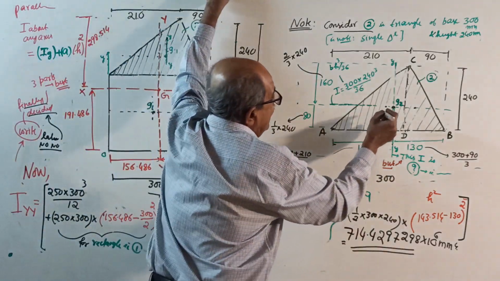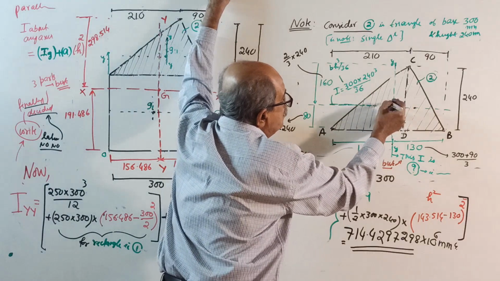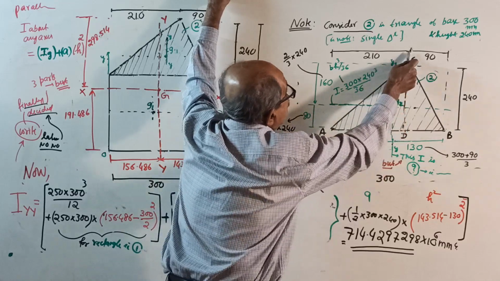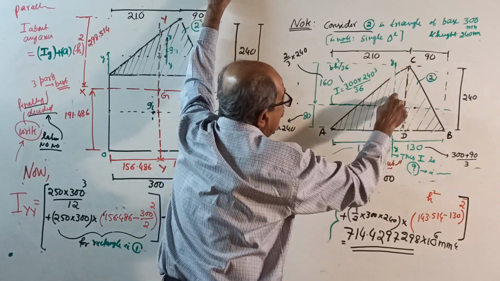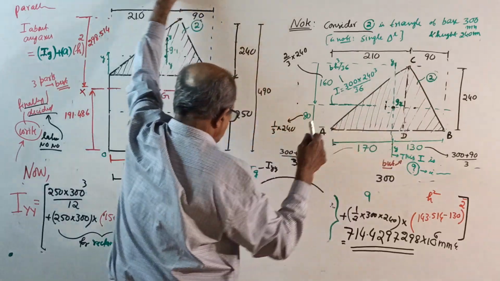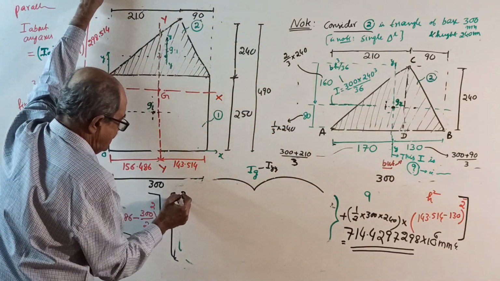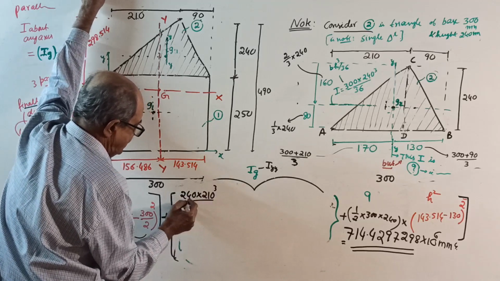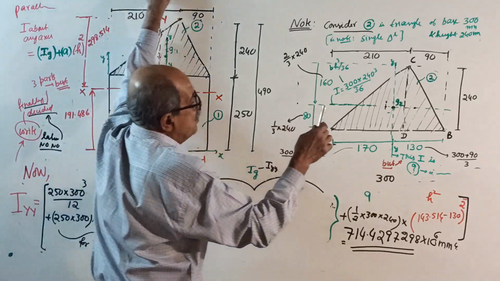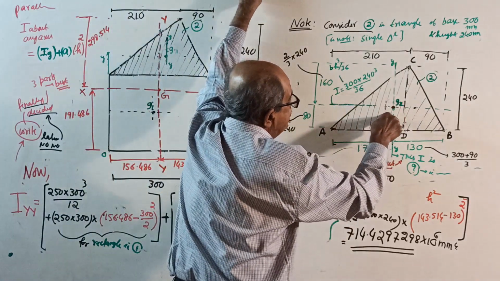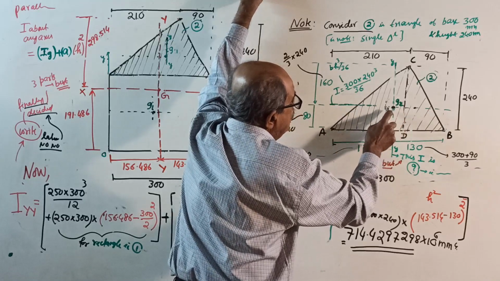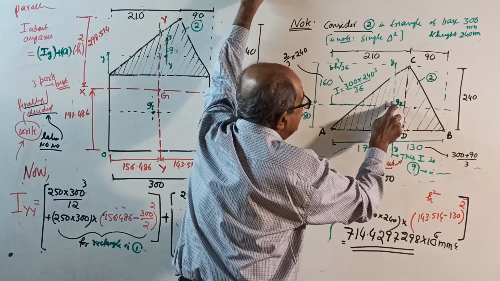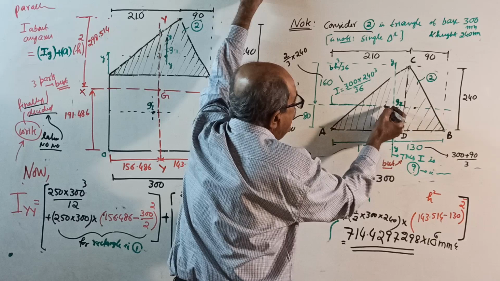I will first write I about, don't see this G2, its own YY for this side triangle. 210, I about YY, 240 into 210 cube by 36. 240 into 210 cube by 36 is I about this axis, plus area into the distance from this axis to the axis I want, squared. Why? I about its own axis is here.